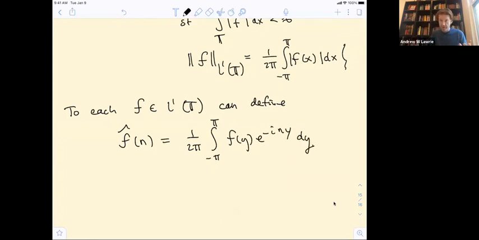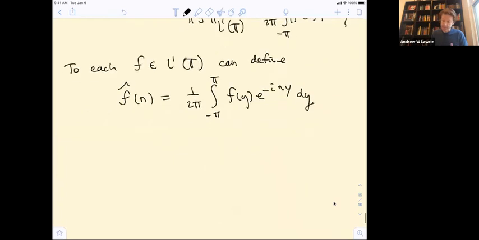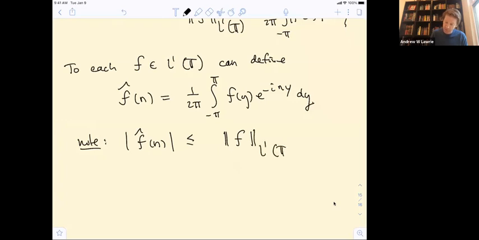So you can define Fourier coefficients, right? Because note that these are finite. This integral exists, since this is an integrable function. And in fact, they're bounded, by just putting absolute values inside the integral, by the L1 norm of f.